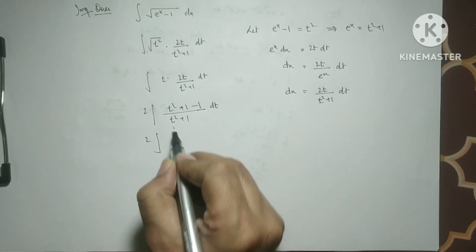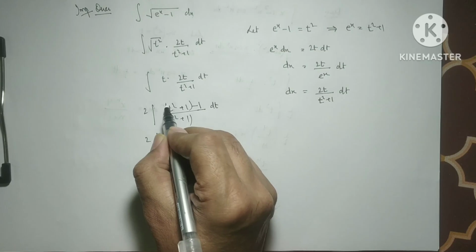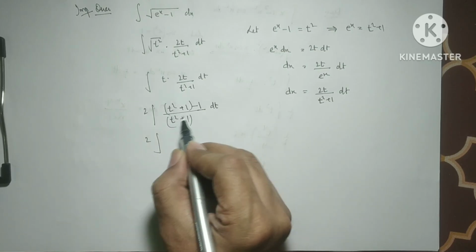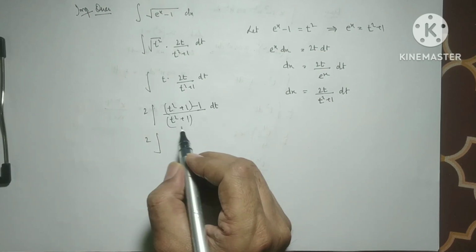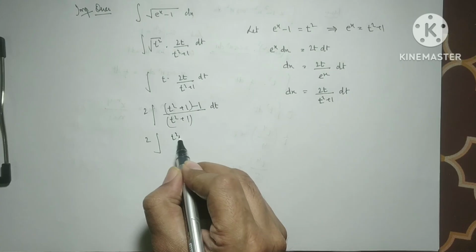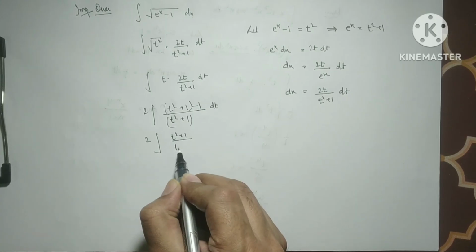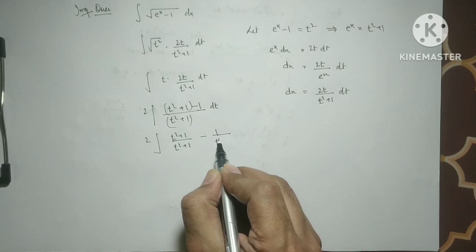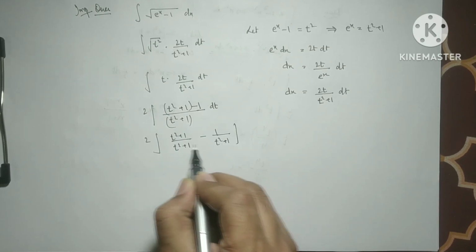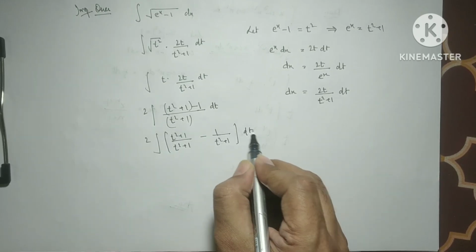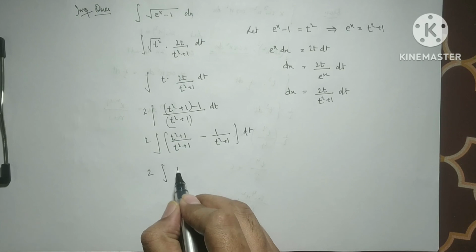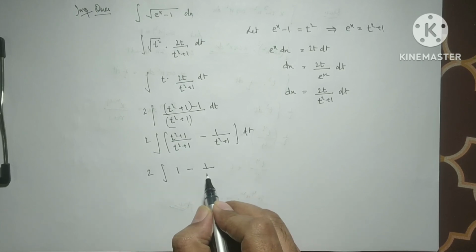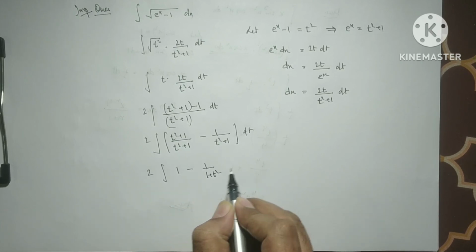So it becomes, when you separate this with LCM, we get (t square plus 1) over (t square plus 1), and this is minus 1 over t square plus 1. So right now this becomes the integral of 1 minus 1 over 1 plus t square dt.